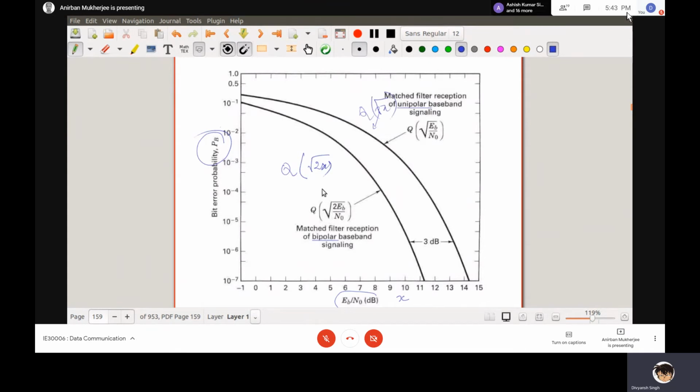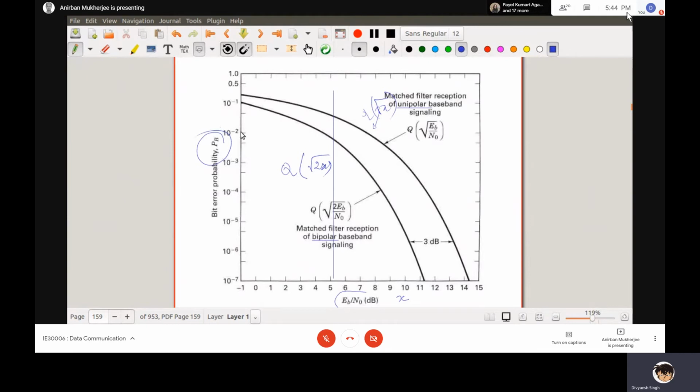Okay. So you see, as this one is bigger, for a given x, or given normalized signal to noise ratio, say the normalized signal to noise ratio is 5 dB.